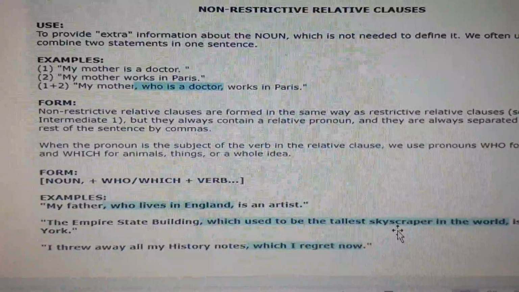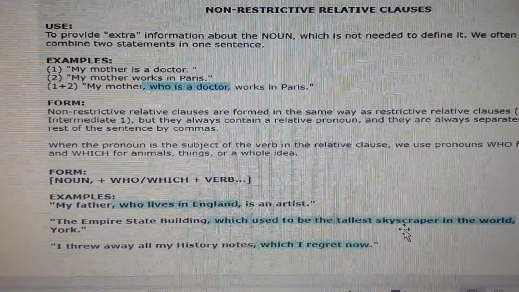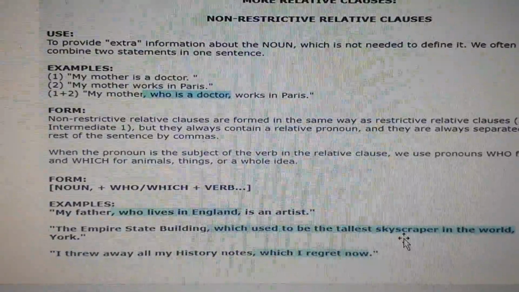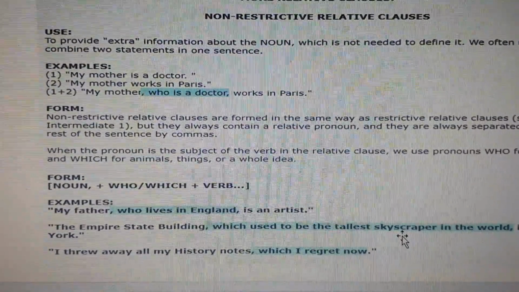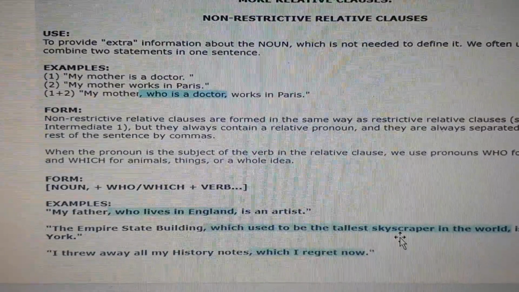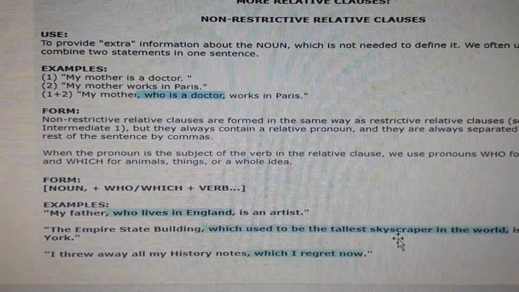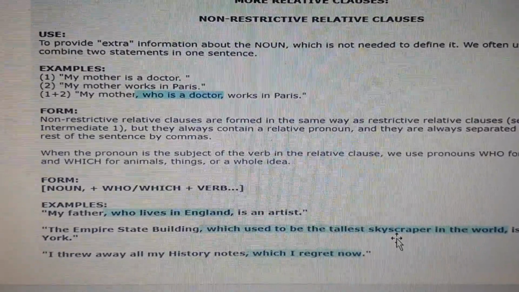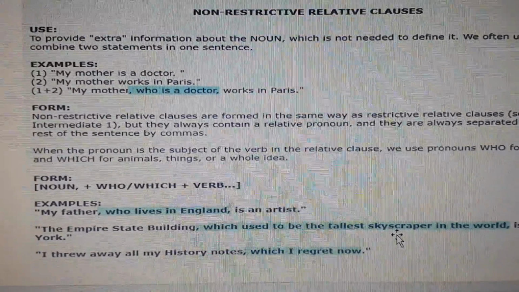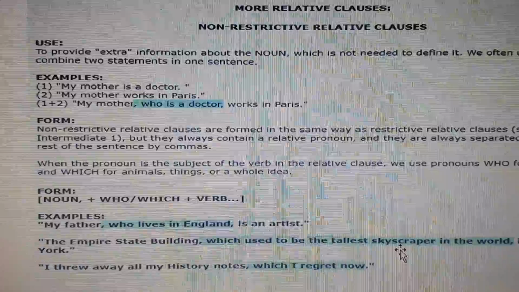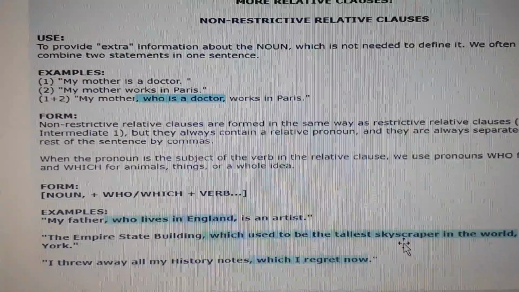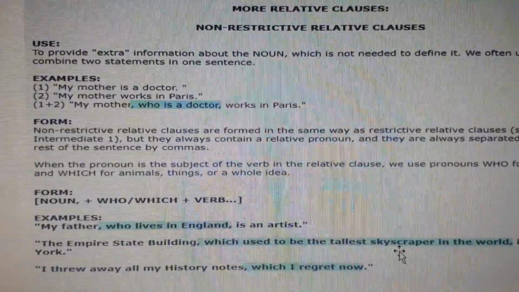One tip that you can follow is that when you're going to write the relative clause, we need a comma before the relative pronoun. This comma separates the immediate subject from the relative pronoun. As you can see, all of those sentences have a comma: my father, comma, who; the Empire State Building, comma, which; the history notes, comma, which.